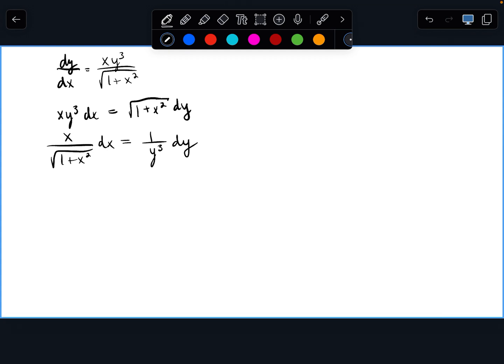Maybe I'm being a little crazy, but it just makes me feel better. I like when the y's are on the left. I'm sorry, I'm just going to do it over here. It's going to bother me if I don't. That's just me being crazy. So what I did is I separated it, and I didn't like y on the right, so I just switched them. Is everyone okay where the numbers came from? Okay.